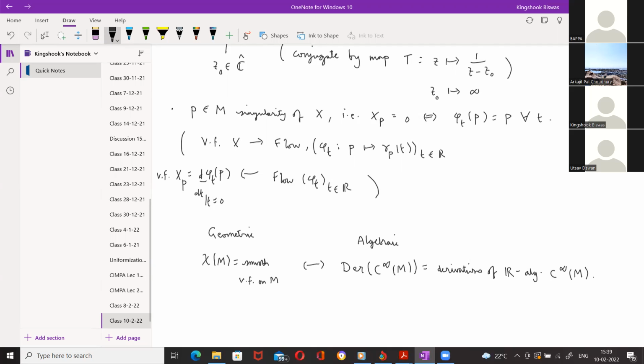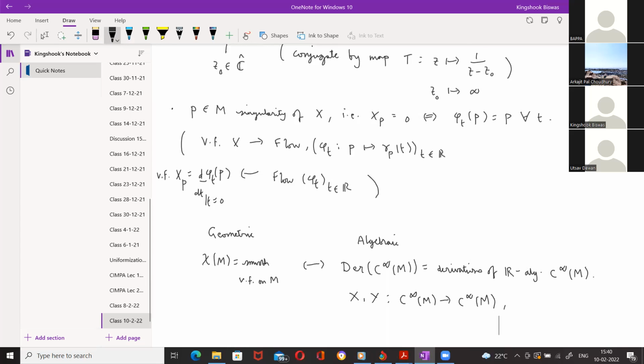Understood. So we have this one-to-one correspondence. Now, on the right-hand side I have an extra operation. Derivations are maps from C infinity M to C infinity M. So if I have two such derivations X, Y from C infinity M to C infinity M, then I can compose them as maps.